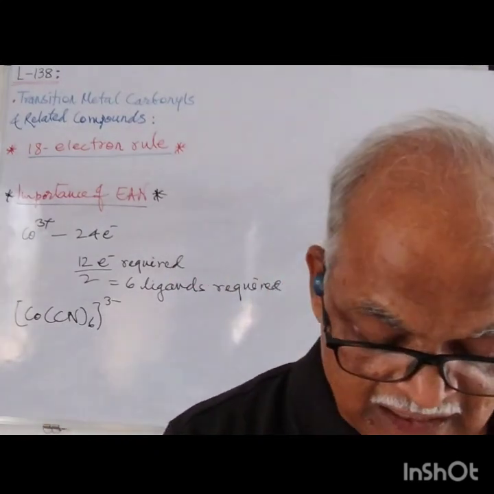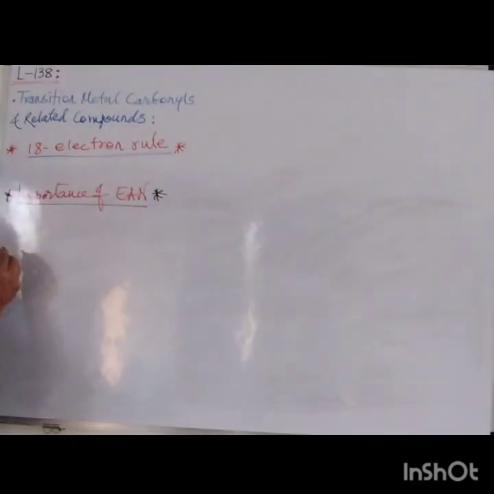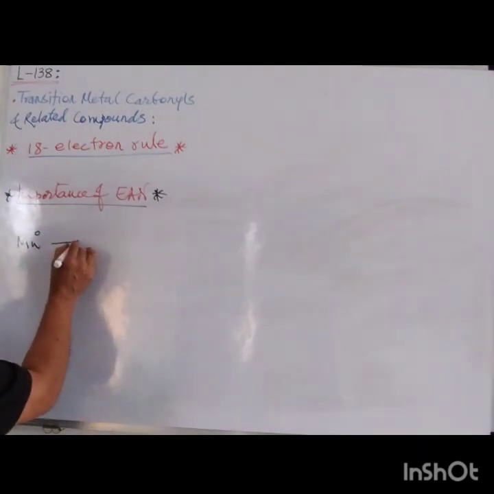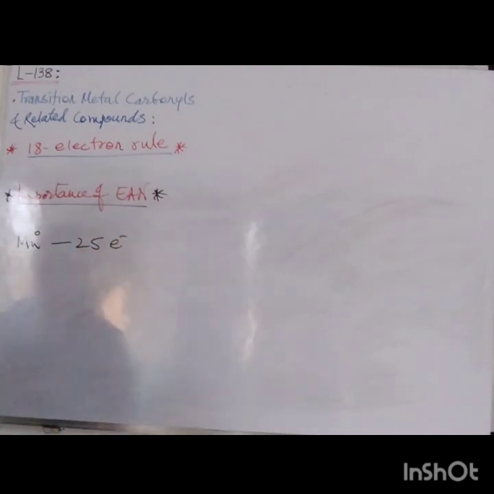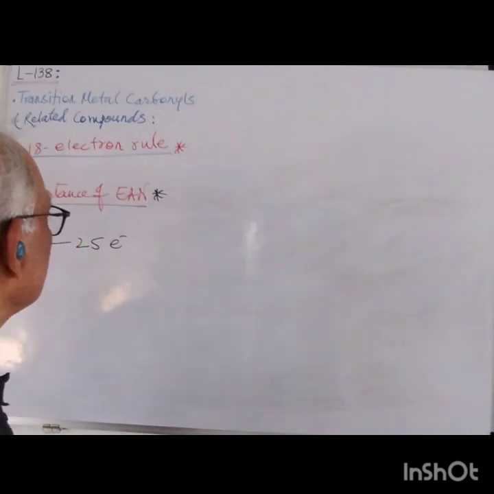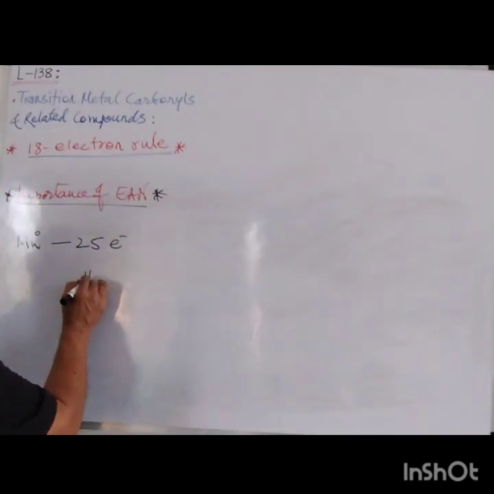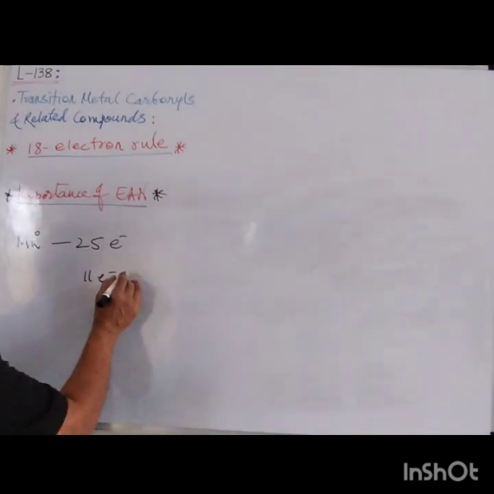Then we will have another example of Mn in zero oxidation state. This will have 25 electrons, and in order to attain the effective atomic number, the next inert gas configuration, it will require 11 electrons.